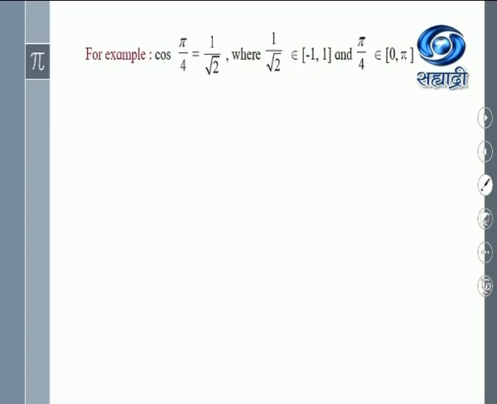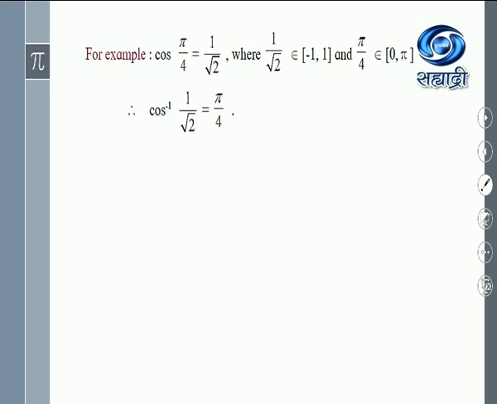Here 1 upon root 2 must belong to -1 to 1, because this value, 1 upon root 2, is in the closed interval -1 to 1. What about pi by 4? 45 degrees. Check whether 45 degrees belongs to the closed interval 0 to 180. Yes. So we write pi by 4 belongs to the closed interval 0 to pi.